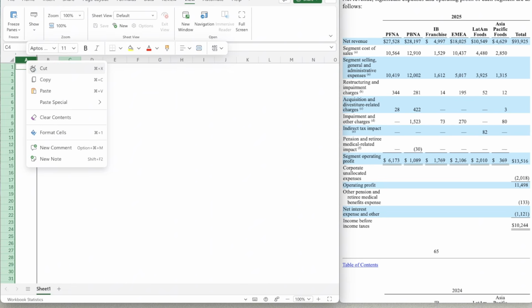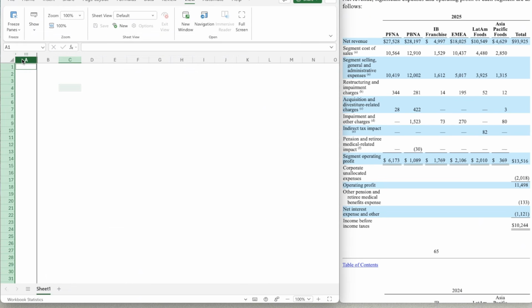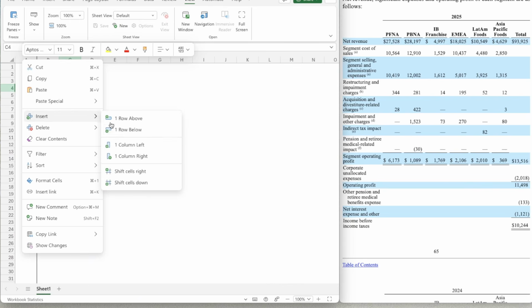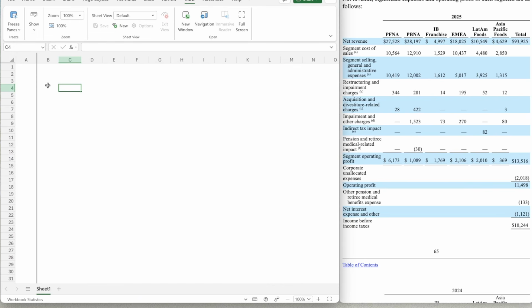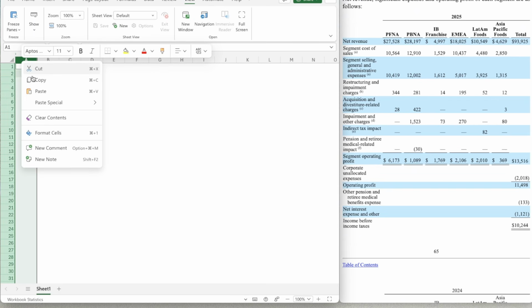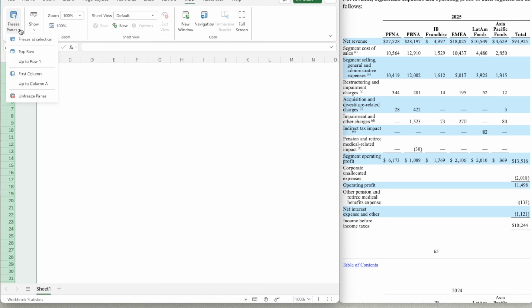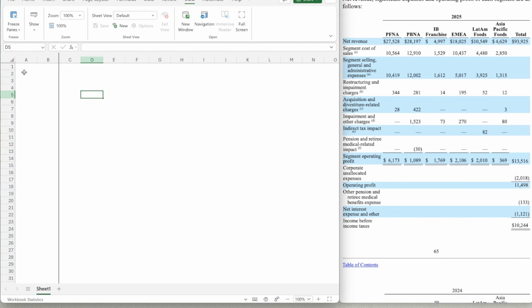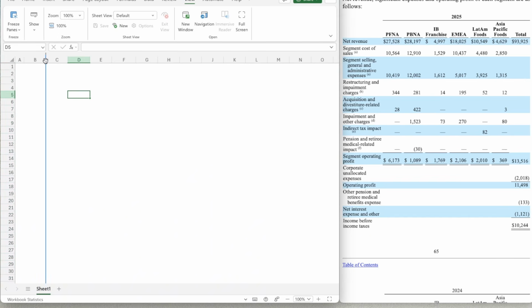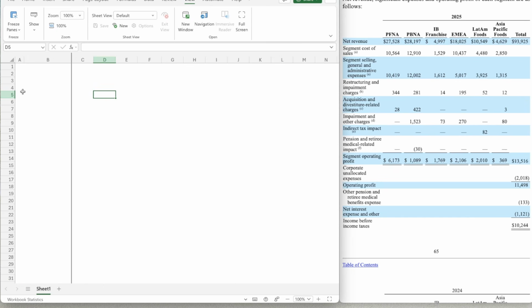Insert another column. Make your A column smaller and your B column larger.